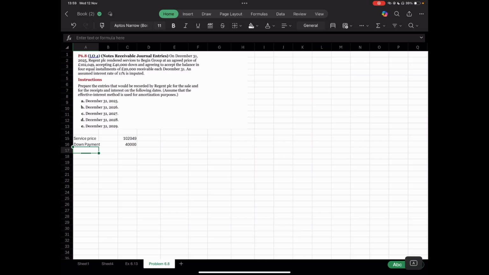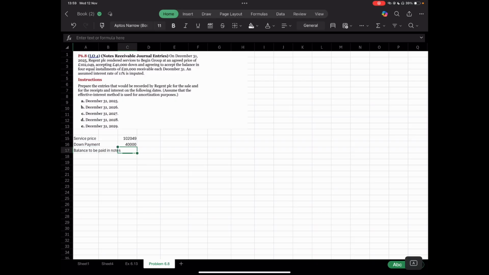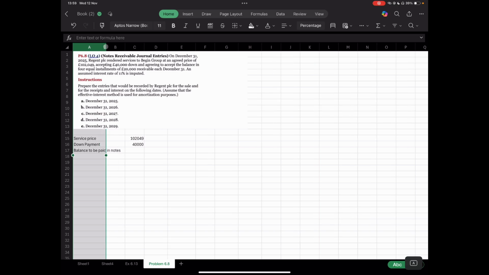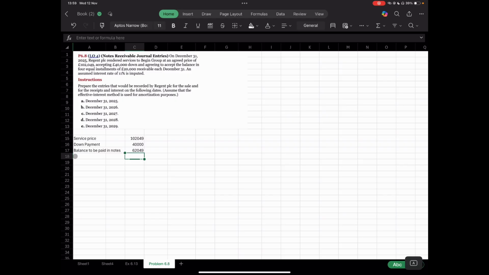Balance to be paid in notes equals 102,049 minus 40,000, which equals 62,049. This 62,049 is the present value of four future installments of 20,000 at 11%.